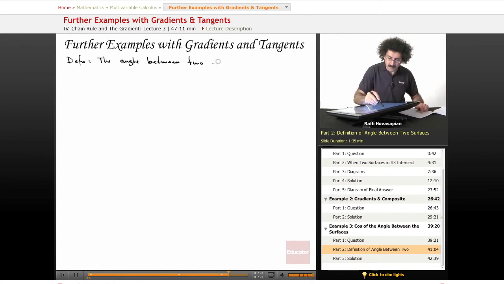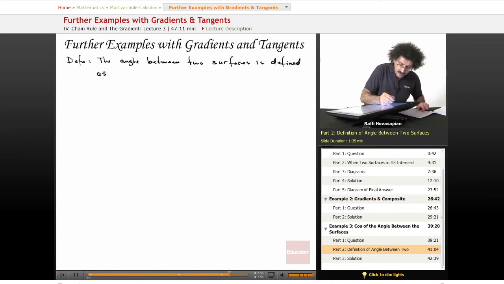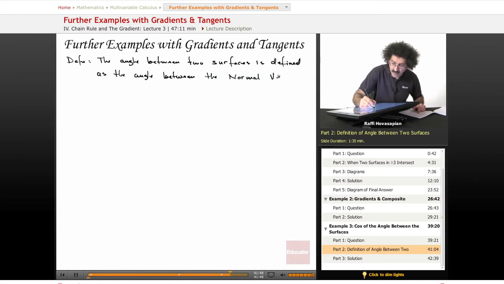The angle between two surfaces is defined as the angle between the normal vectors to the surfaces at that point.